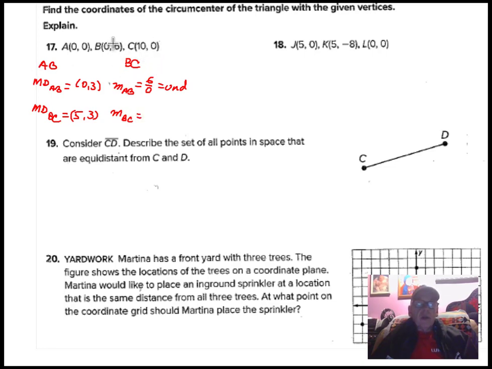We do 0 minus 6, which is minus 6 over 10. So we get minus 3/5 for the slope. Now we want perpendiculars. So the perpendicular of an undefined is going to be a 0 slope, and the slope of a perpendicular for BC is going to be 5/3.